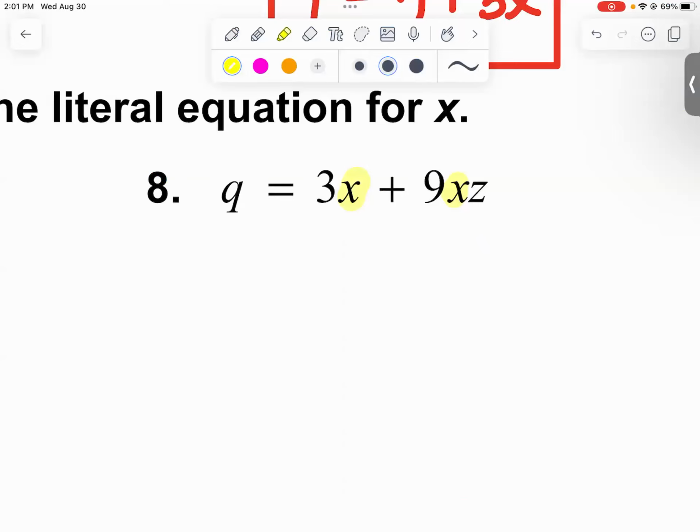There are 2 variables instead of 1 on the same number. The coefficient has 2 variables. There's only numbers on one side.